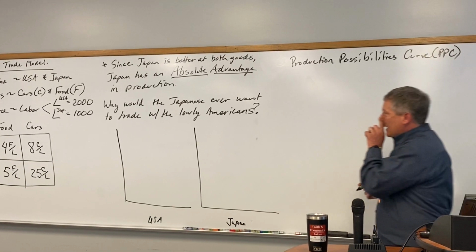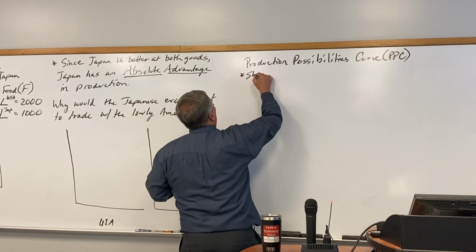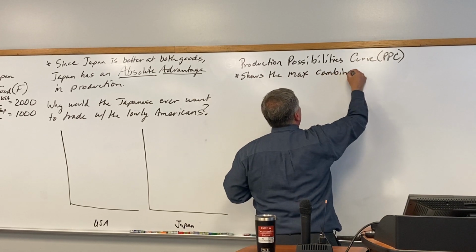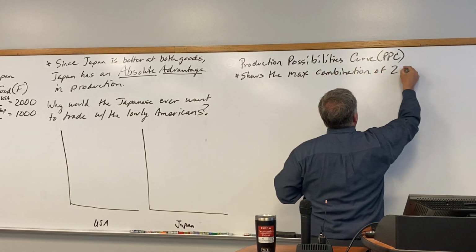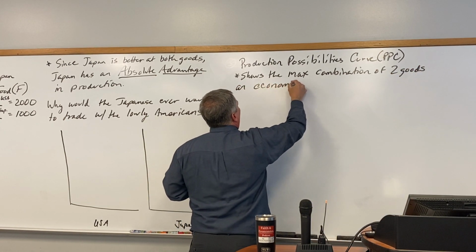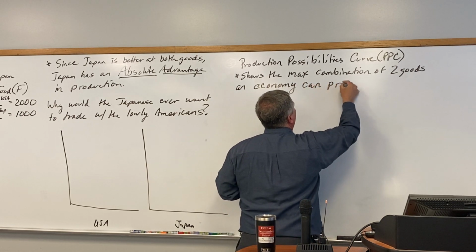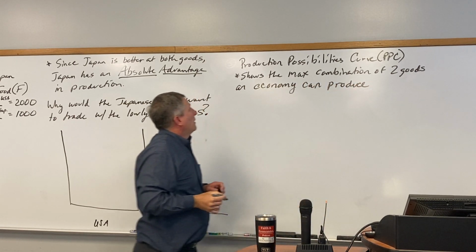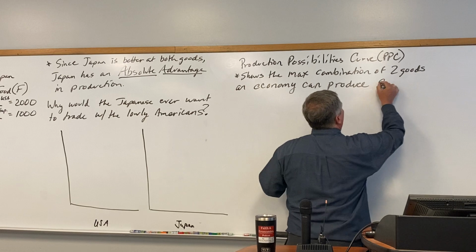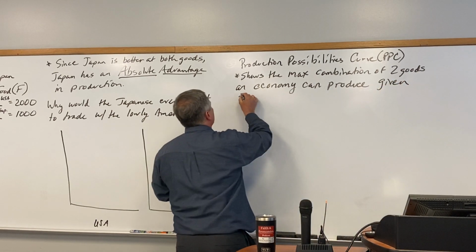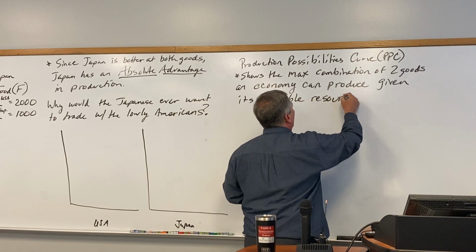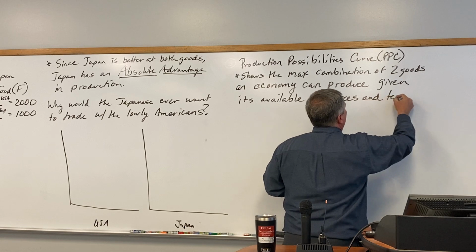So the production possibilities curve shows the maximum combination of 2 goods an economy can produce given its available resources and technology.